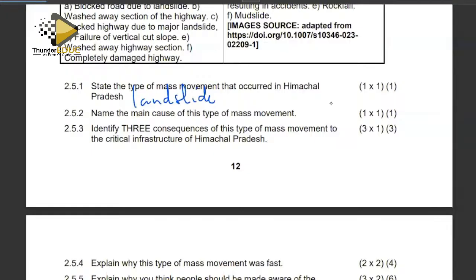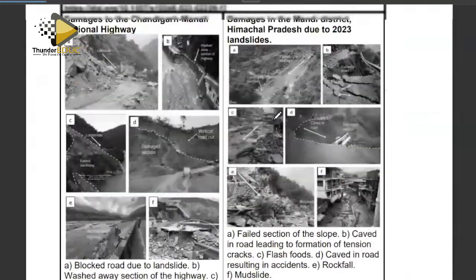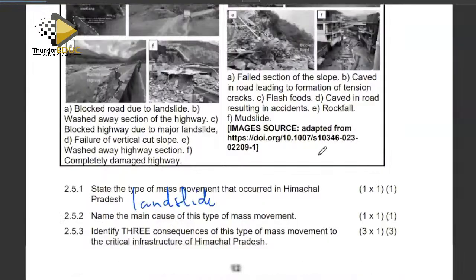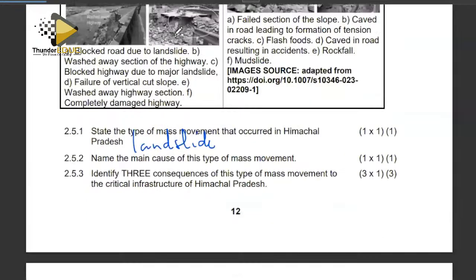Name the main causes of this type of mass movement. What was the main cause of that one? If we check here, we also see that intense prolonged rainfall was the cause.